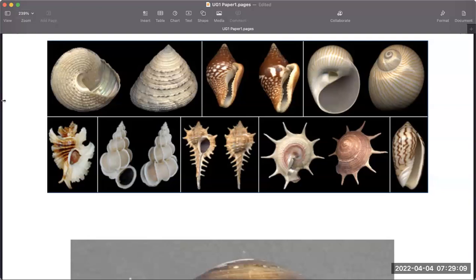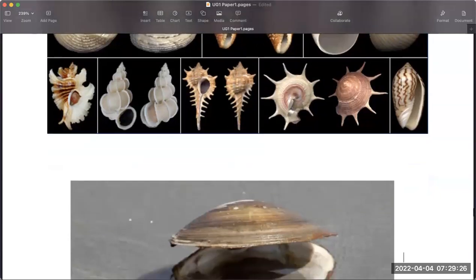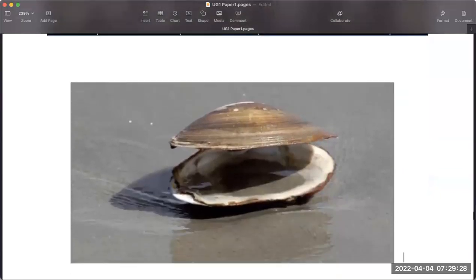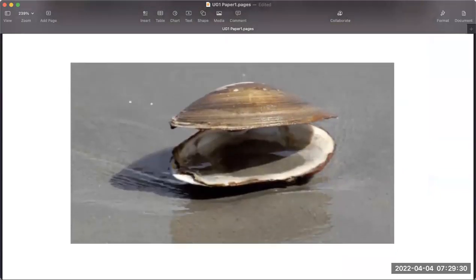The next class is Pelecypoda. Bivalve. The characteristics are these are aquatic, mostly marine.